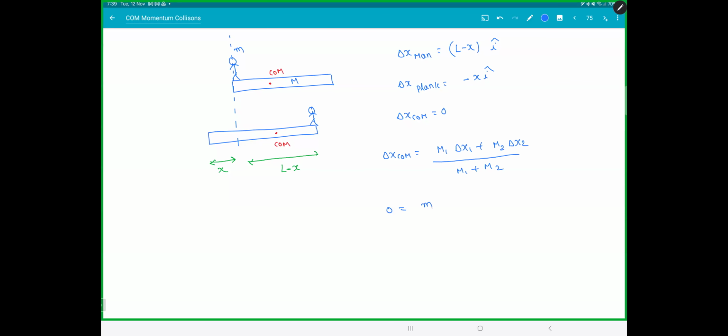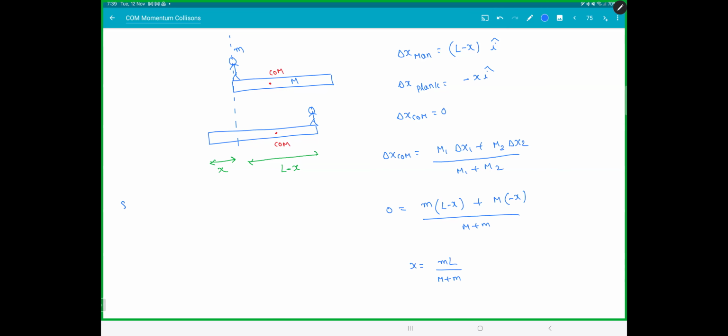Man's mass is small m. Man's displacement is L minus x. Plank's mass is capital M. Plank's displacement is minus x, divided by m plus M. There, this is the formula which you use. So you don't find individual displacement, you find the change in displacements. So we get x is equal to mL by (m plus M). Now this method you can use even if you have 3 to 4 people moving at the same time. This is how you approach this.